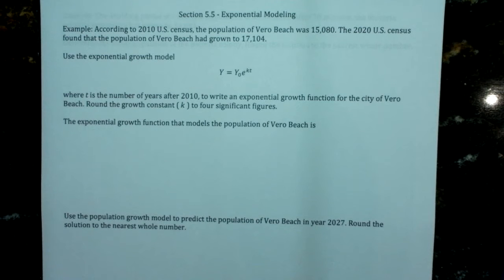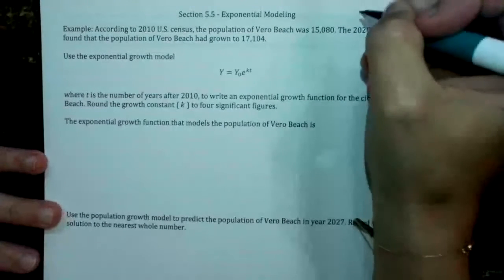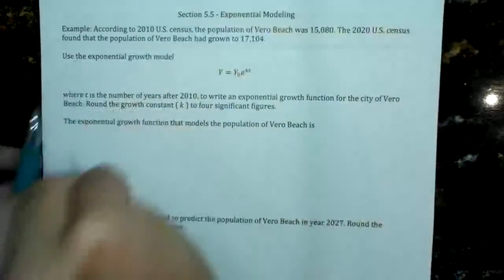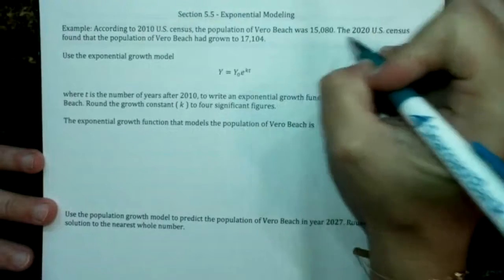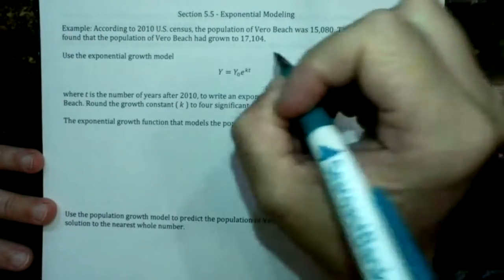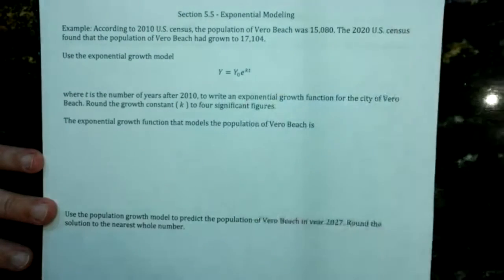All right, so we kind of need to find this. According to 2010, the population of Vero was 15,080. In 2020, the population had grown to 17,104.